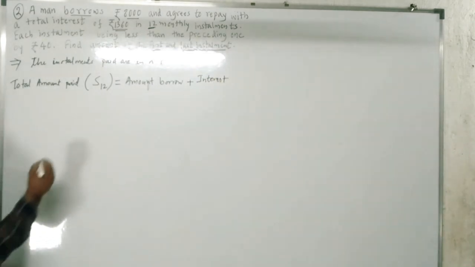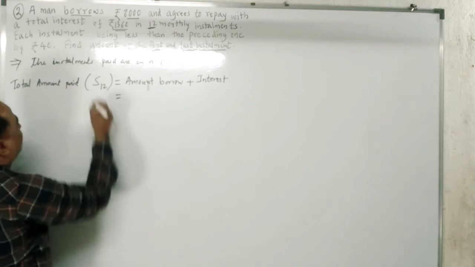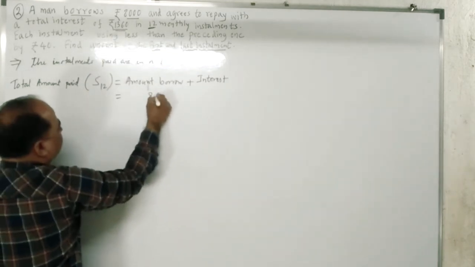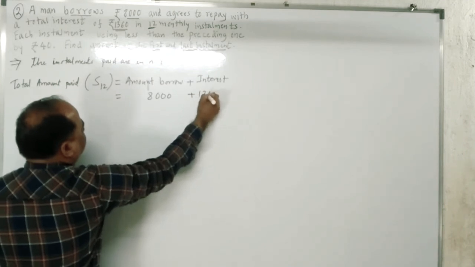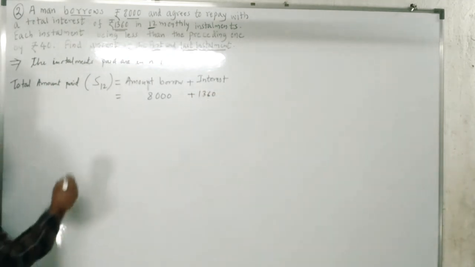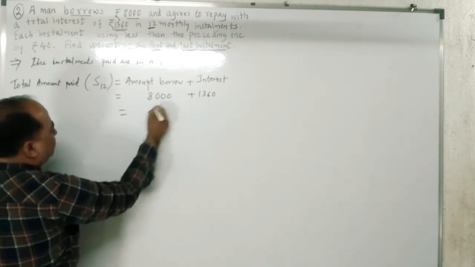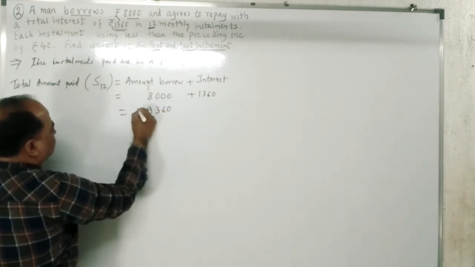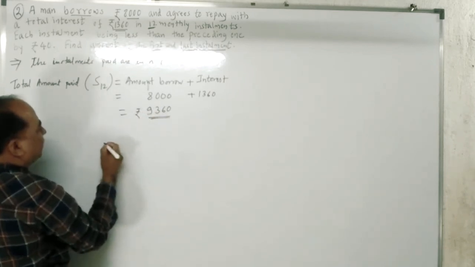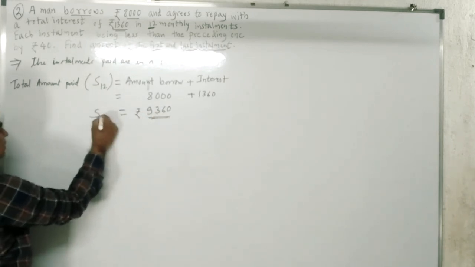So the amount borrowed is rupees 8,000 plus interest is 1,360. So the total amount will be 9,360. So this 9,360 is S_12.